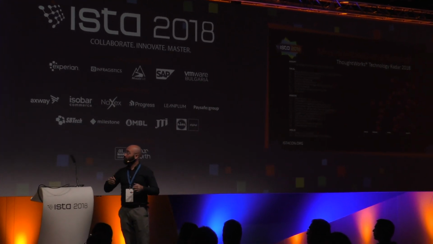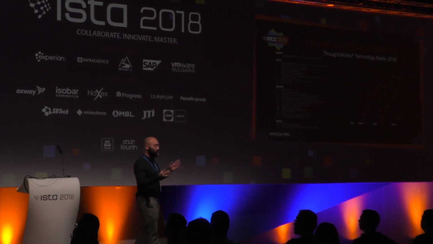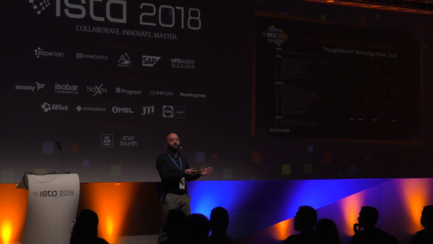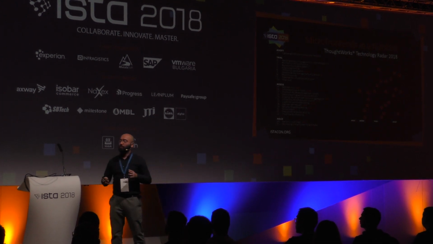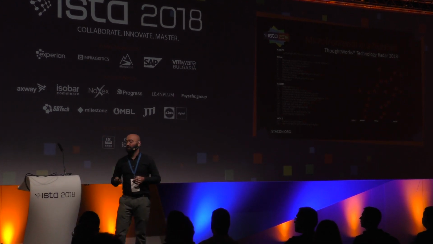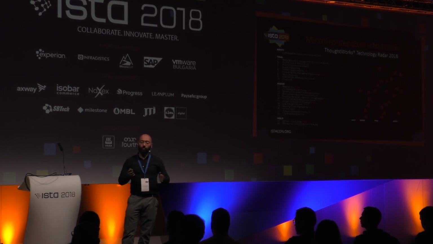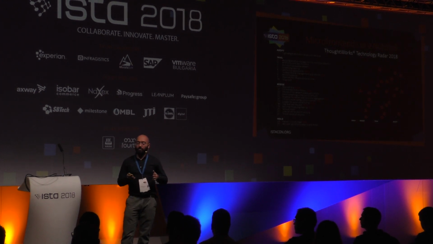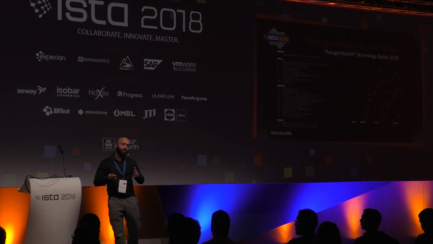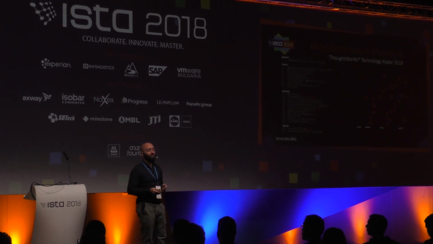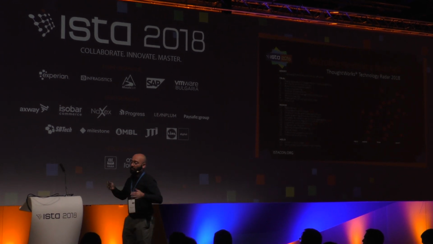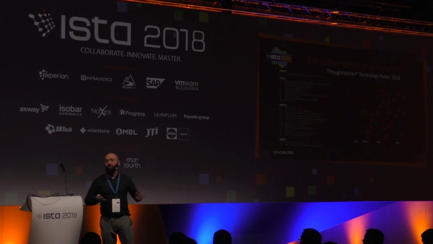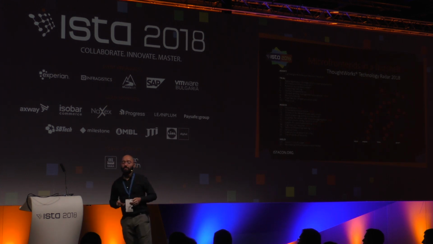They have this technology radar on which they put all of the emerging technologies, split into several categories, and they give suggestions to companies on whether they should hold on and avoid using a technology, assess a technology to see if it's proper for their uses, trial it and actually invest in it, or entirely adopt it if it's really proven and would be beneficial to them.